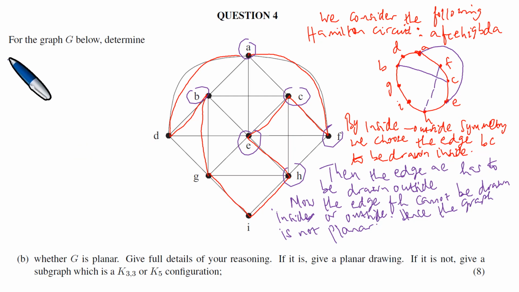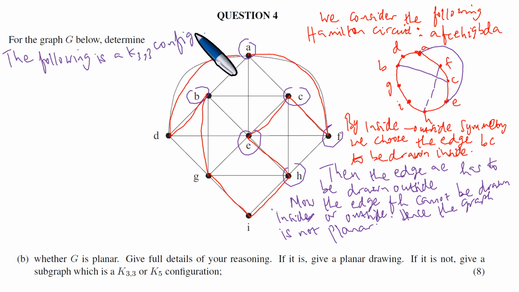The following is a K33 configuration of the graph. So you have this one here.